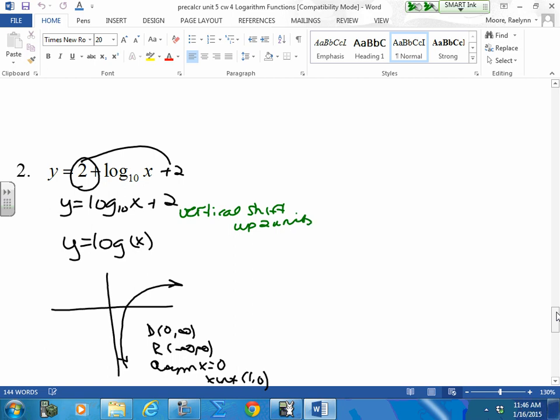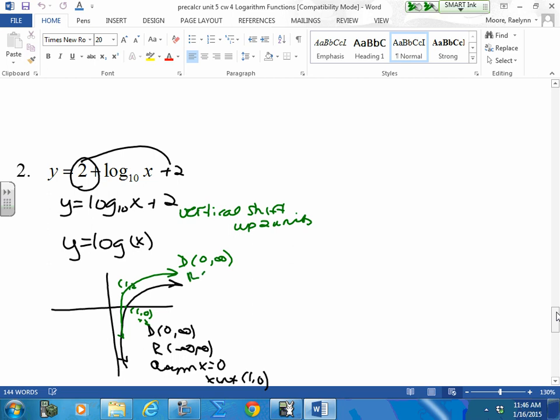So we're going to take that 1, 0, and we're moving the y. We add 2 here. We're at the 1, 2, and we just make it go like that. Did we change the domain? We didn't move across, so the domain is the same. Did we change the range?